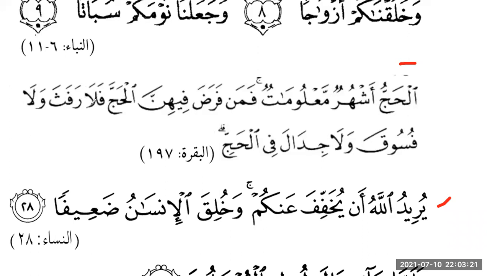This is because this la here is a special la, which you call la nafi bil jins, that negates the whole group of words, all the same type of words. It negates wholly.